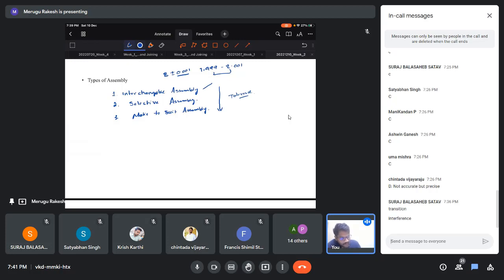So let me come from the top. What is the interchangeable assembly? As I said earlier, this data will follow the normal distribution with a mu at the center.